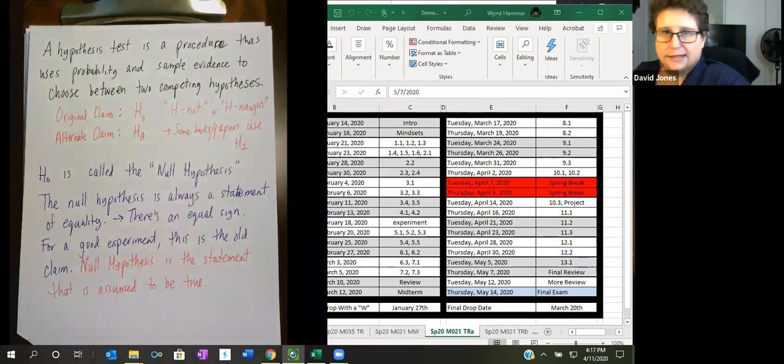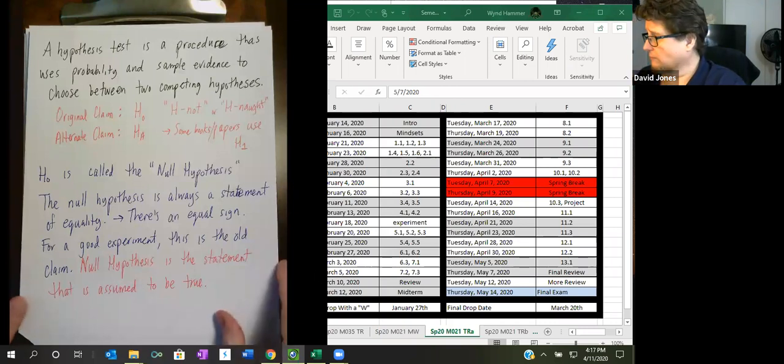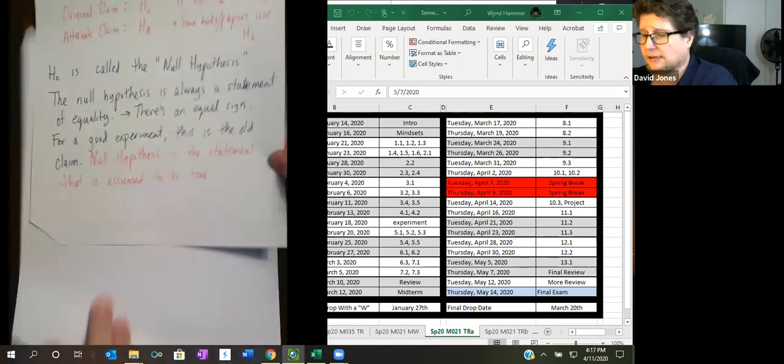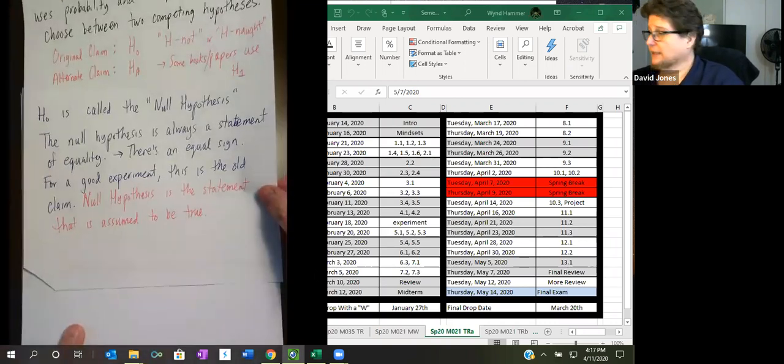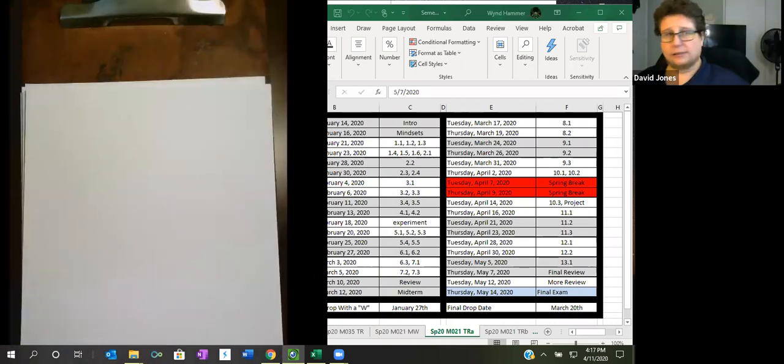Usually it's by previous samples. Sometimes circumstances change. Like that milk fat problem, if the cows start eating something different, they change the diet, it might change the percentage of fat that's in dairy milk. Okay? So that's our null hypothesis, H naught, and it's the one assumed to be true.